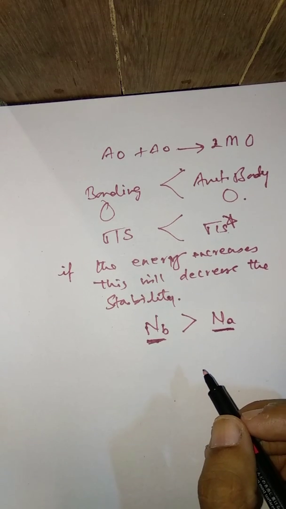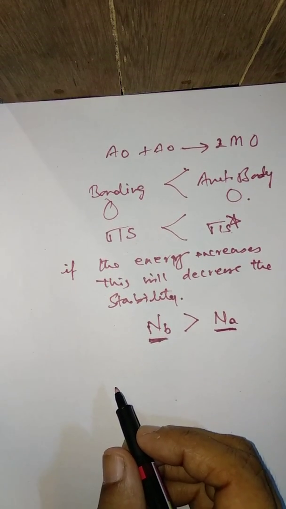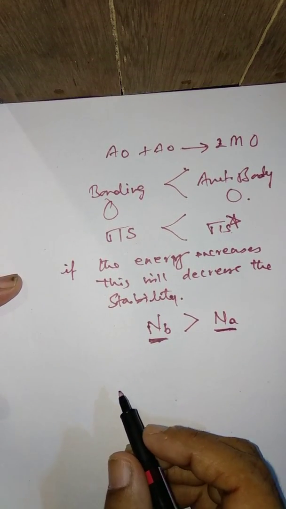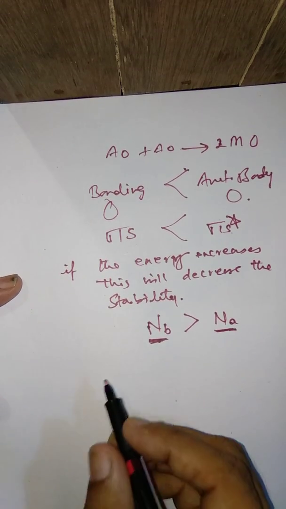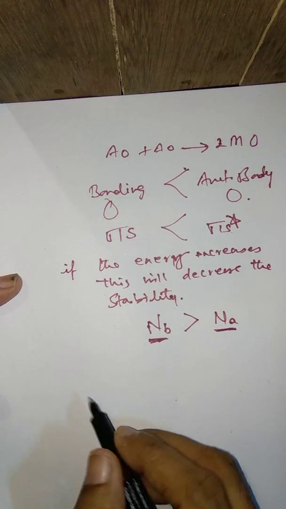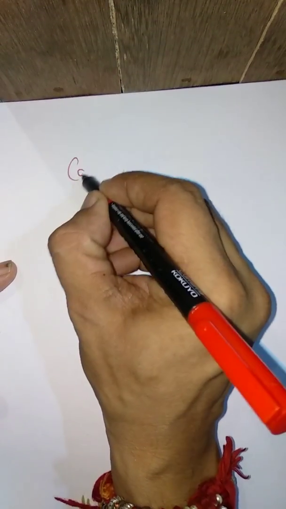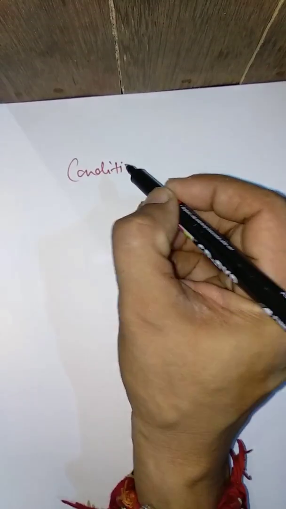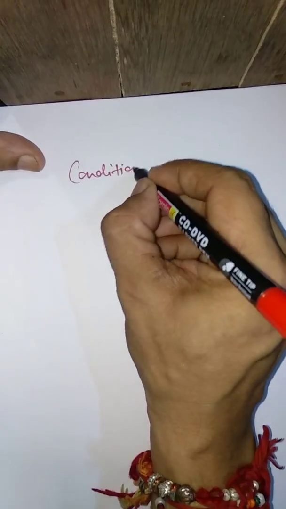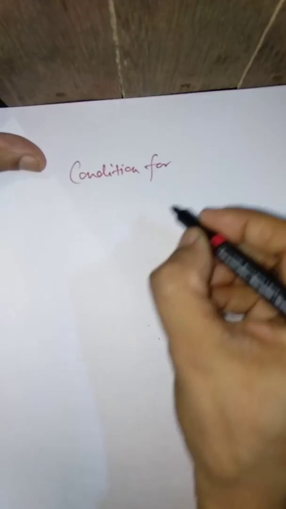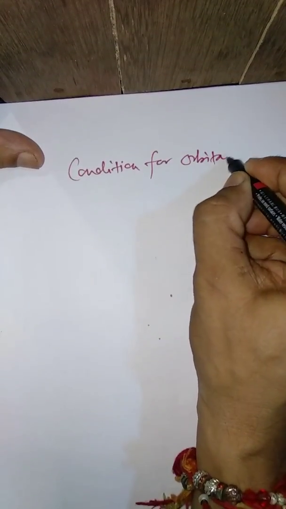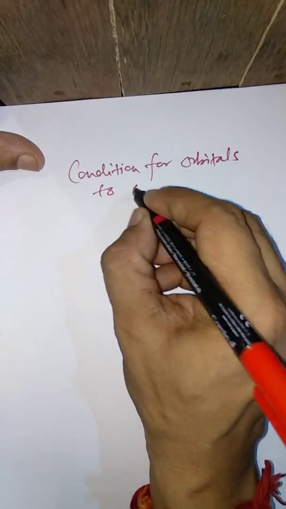And now we have to look at what the conditions are for orbitals to overlap.